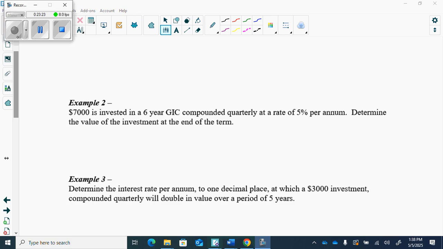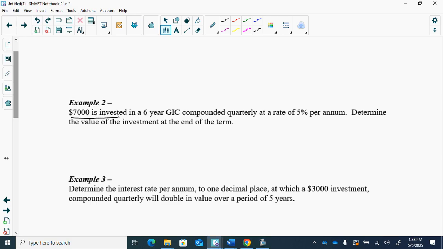So, 7,000 is invested into a 6-year GIC compounded quarterly. So our capital I is 7,000. 6-year GIC is my n. Quarterly, what's my CP? And an interest rate of 0.05 per annum, and they want F. So F equals 7,000, bracket 1 plus.